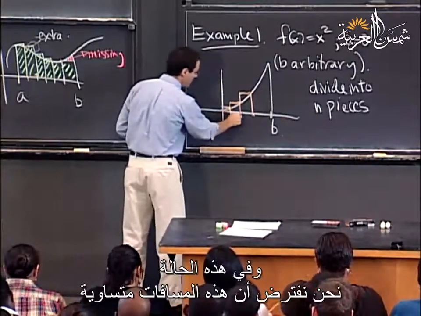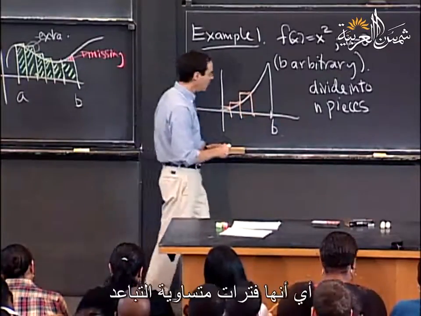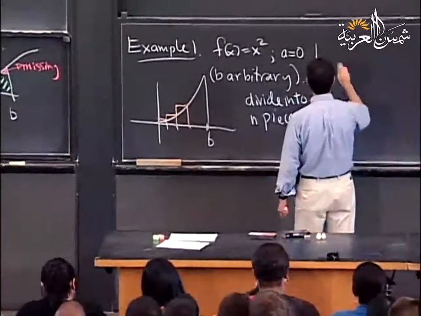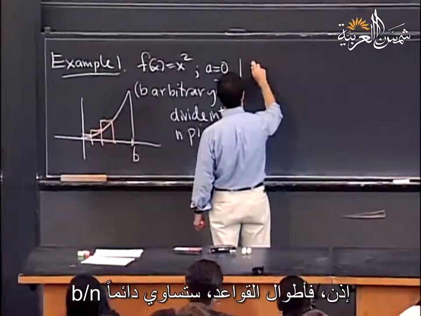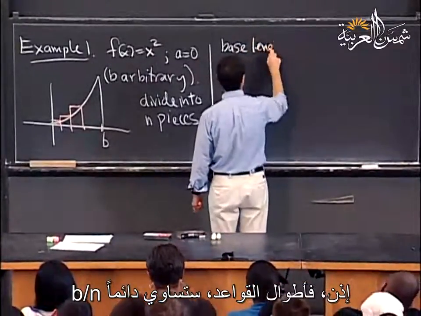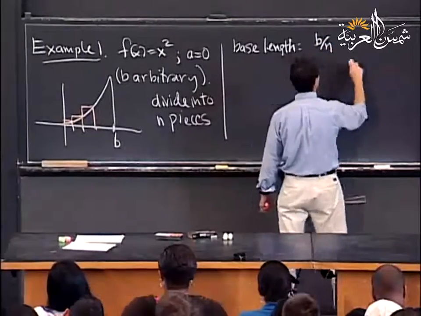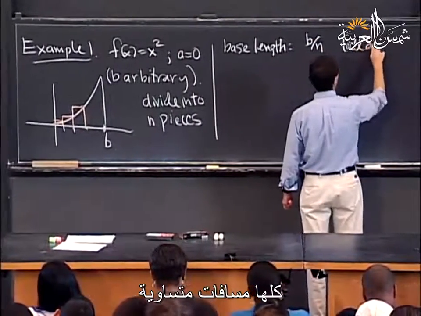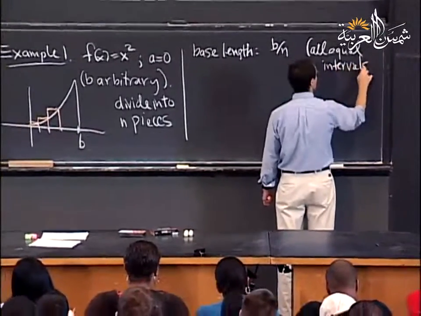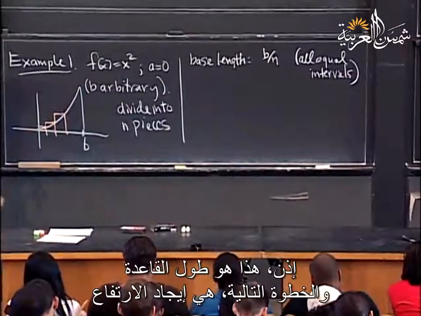And in this case, these distances, I'm assuming that they're all equally spaced intervals, and I'll always be doing that. And so the spacing, the base length, is always b divided by n, all equal intervals. So that's the base length.